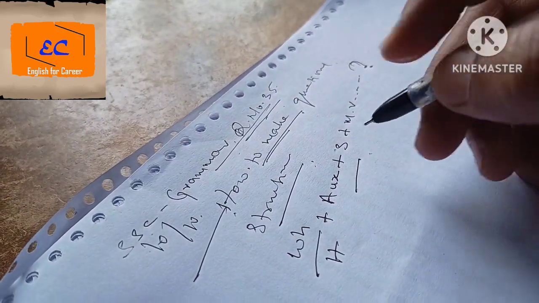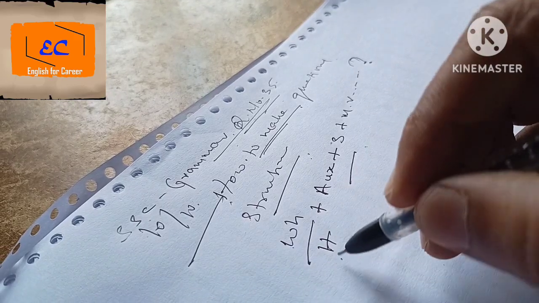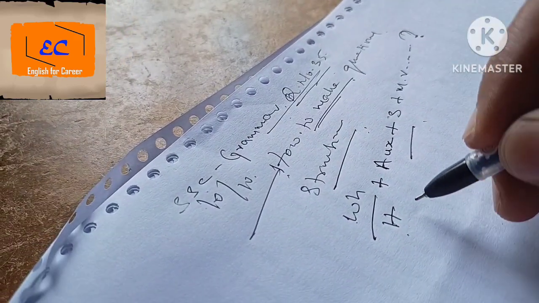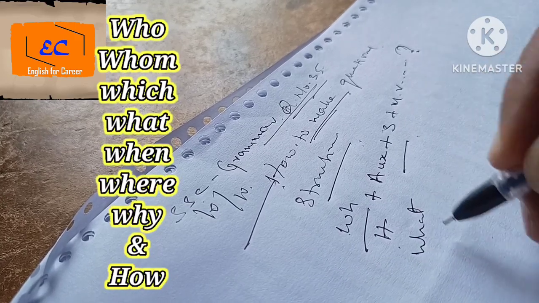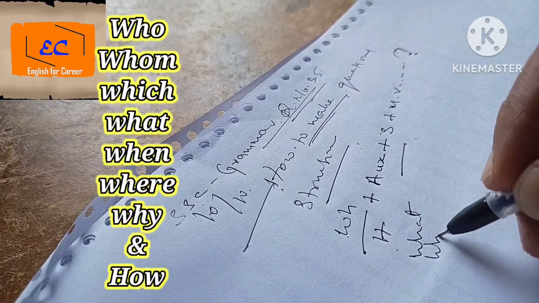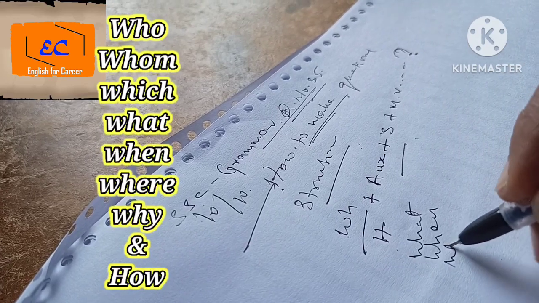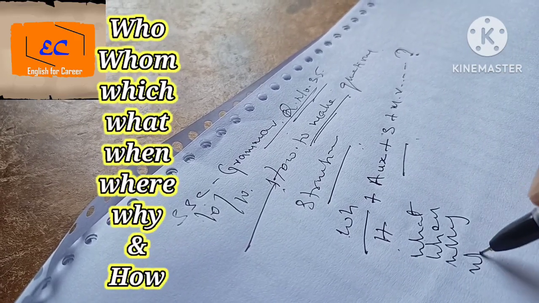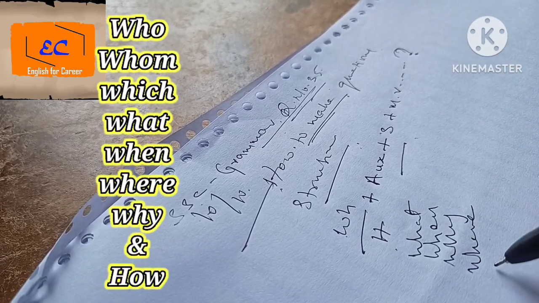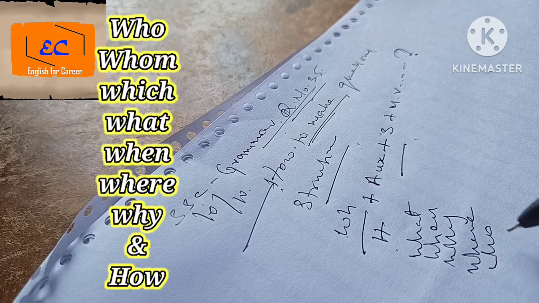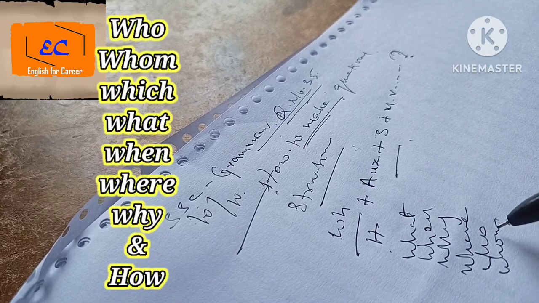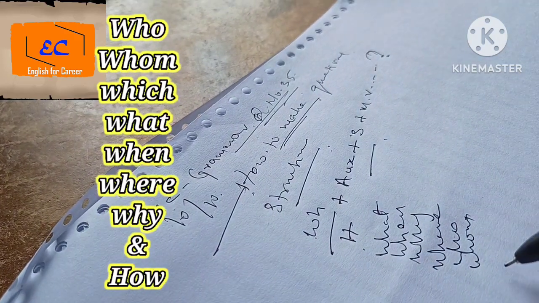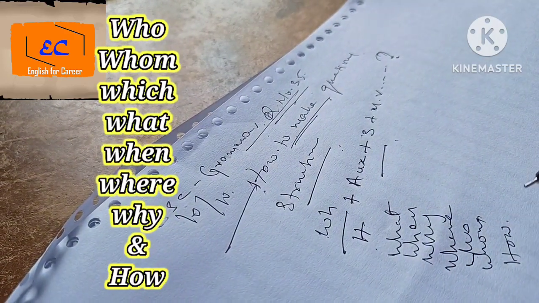Now, WH word or H word means all the WH or H words like what, when, why, where, who, whom, and then how.